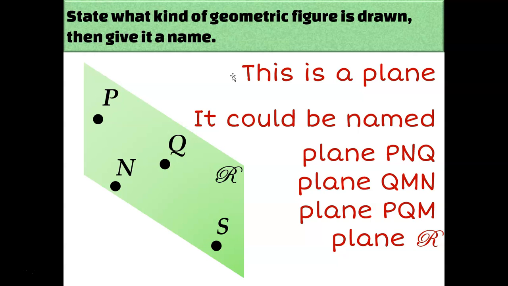It's not directly next to a little black circle, so it's not a point. And also it's that pretty cursive font, which indicates that it is just a generic name to refer to that plane. So those are 4 examples of how I could name this plane, but there are many others, depending on how you want to combine P and Q and S and N.